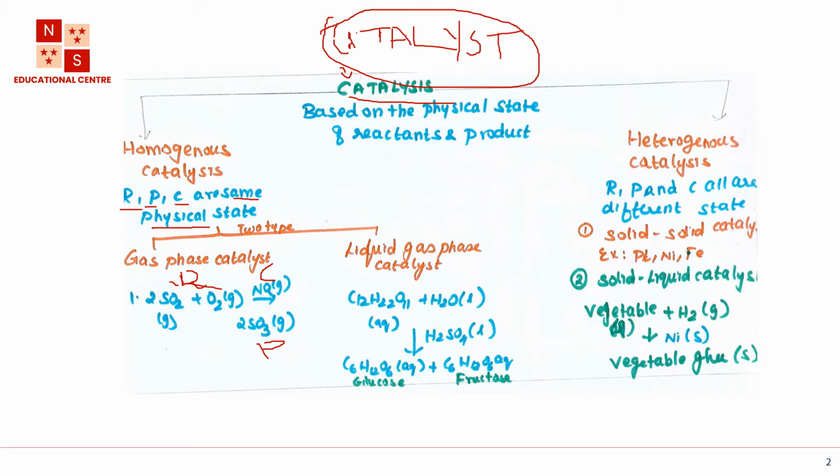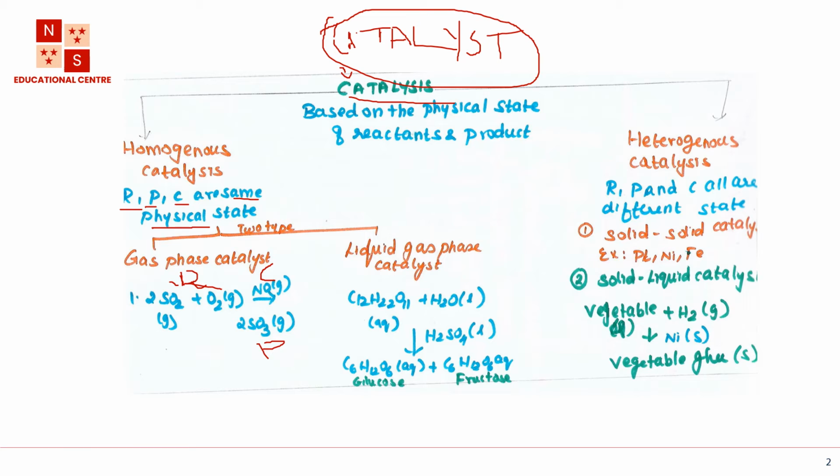In liquid phase catalysis, everything will be aqueous or liquid, in presence of concentrated H2SO4, and they will have aqueous glucose plus fructose. So this is a breakdown of sucrose.